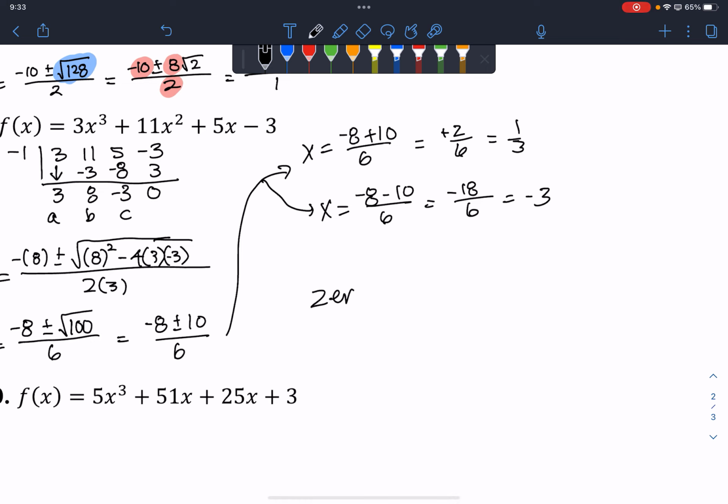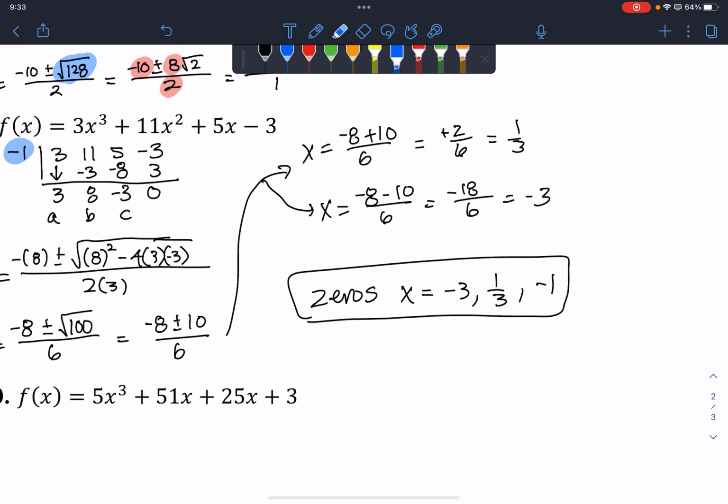So our zeros are x equals negative 3, positive 1/3, and again the negative 1 that we got over here. So those are 3 solutions.